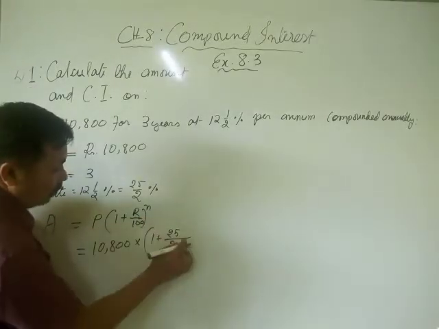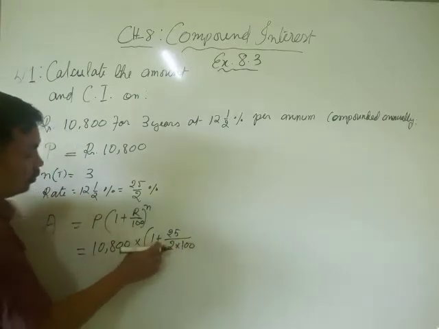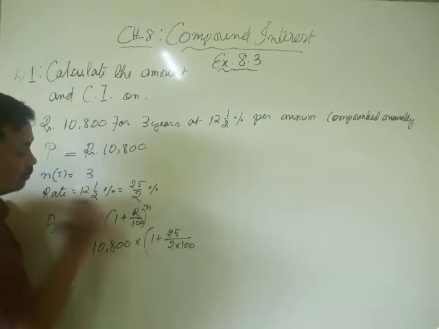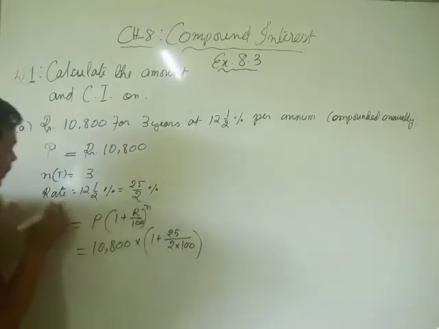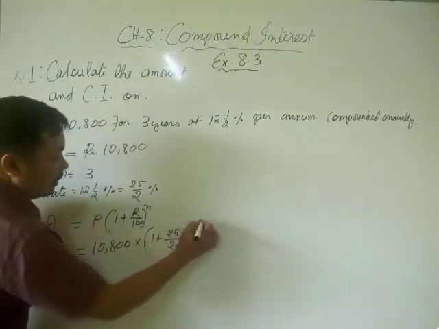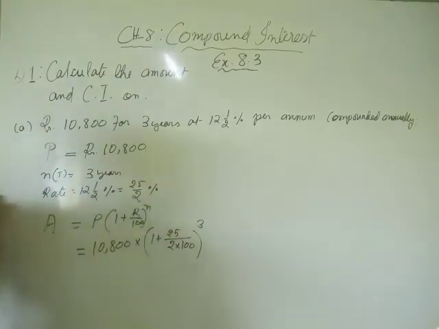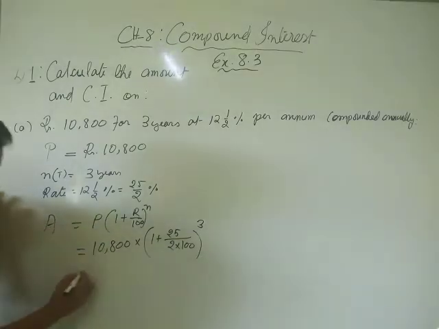So this 100 will be here. 25 by 2 over 100. Then n, how much is it here? 3. This is 3 years, so we'll take 3 as n.